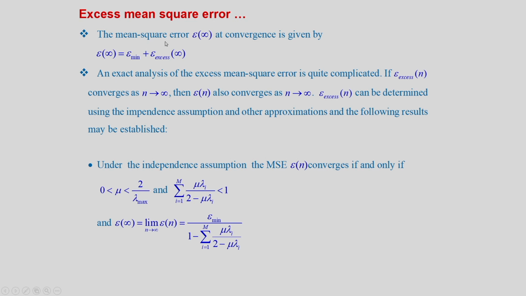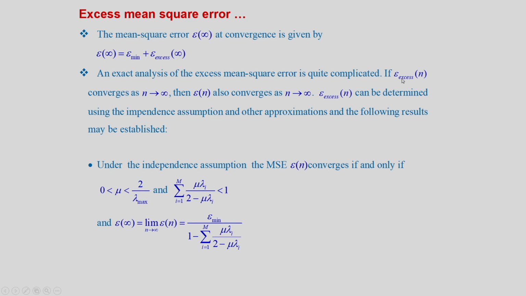The mean square error at convergence, epsilon infinity, that is the mean square error as n tends to infinity, is equal to epsilon min, the mean square error corresponding to the Wiener filter, plus epsilon excess infinity. This is the excess mean square error. An exact analysis of the excess mean square error is quite complicated.